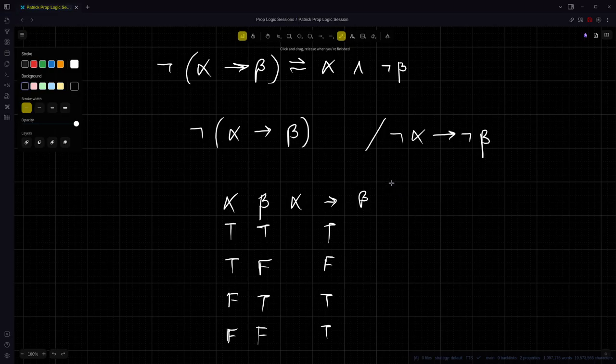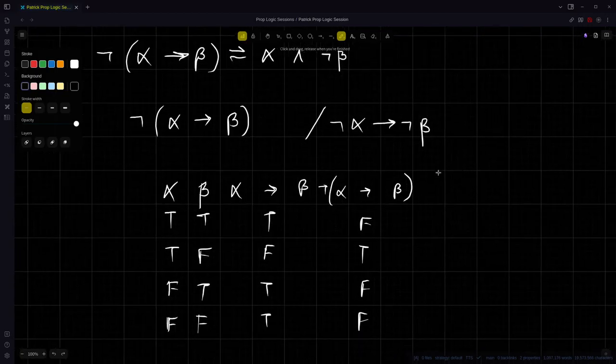Then you have the opposite of that, which is not alpha implies beta, and that would be false, true, false, false. And then we need a column for not alpha and a column for not beta.